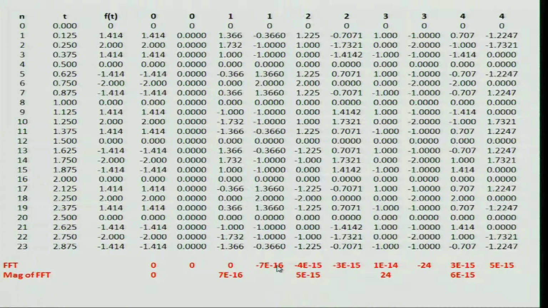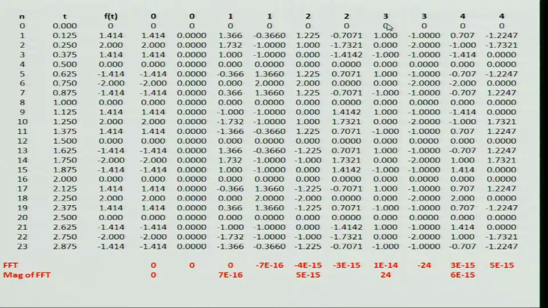This e minus 16 is 0, or pretty much close to 0, but you come to column 3, and what you will see is that the real component is 0, the imaginary component is minus 24. So, in this case the Fourier component corresponds to k equals 3. Now, 3 is not the same as the frequency, which was 1 hertz.